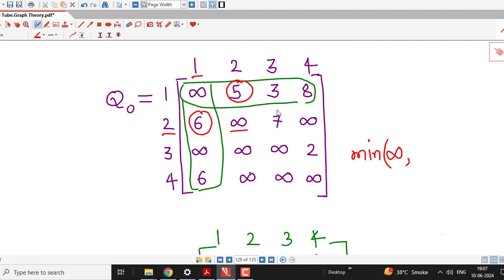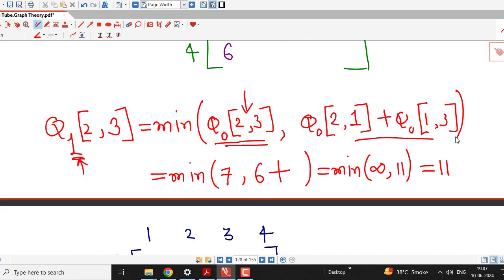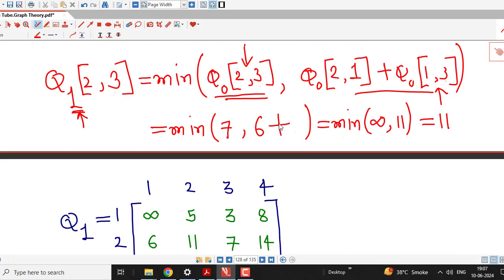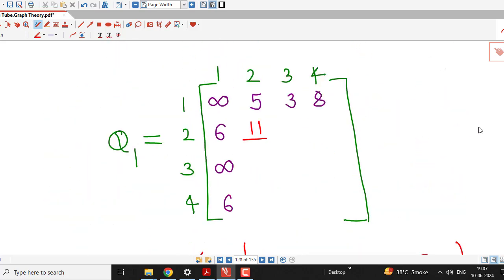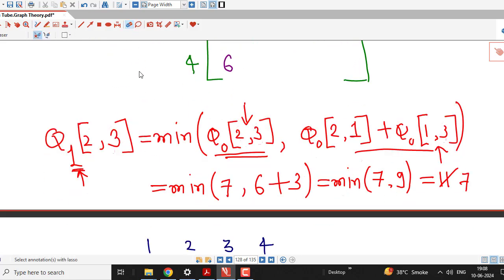The entry in second row and third column is 7. So this is 7. Here I have to write the entry in first row and third column of Q0. First row and third column of Q0 is 3. So that I will write here. And now I have to decide the minimum of 7 and 9, that is 7. So I will write 7 here. So every time I am using entries of Q0 to write down entries of Q1.